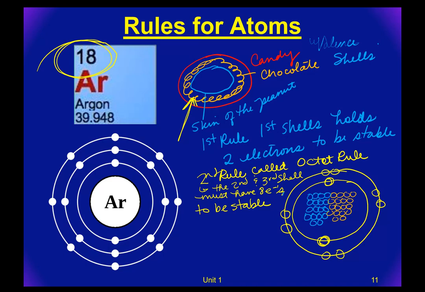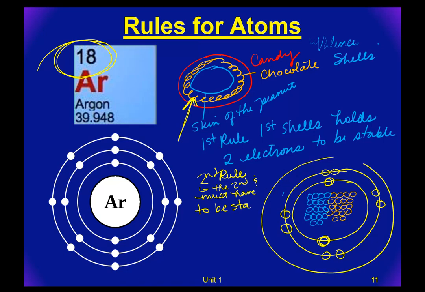No. So we have to go out to our third shell. So our third shell, which is going to be the candy portion of our M&M, we've got 10, 11, 12, 13, 14, 15, 16, 17, 18.